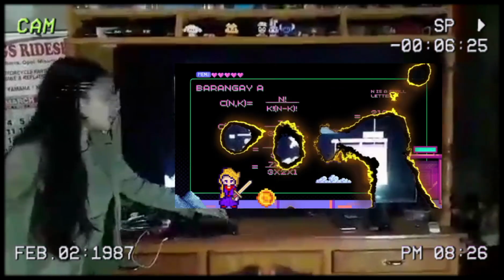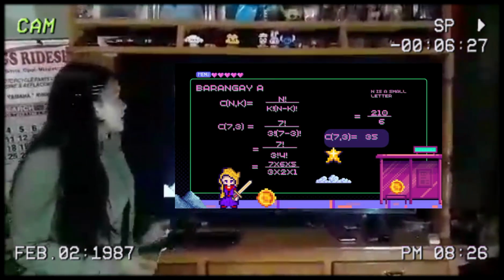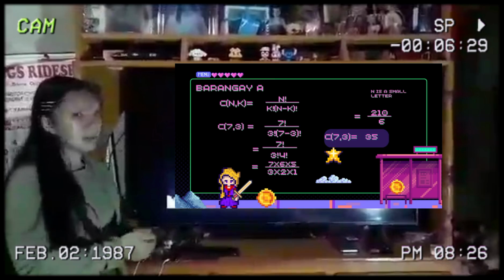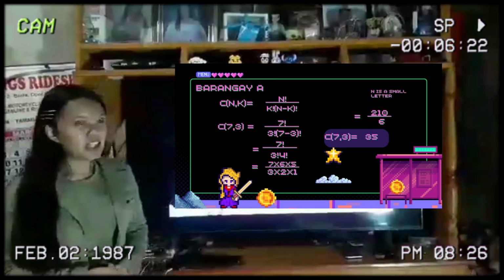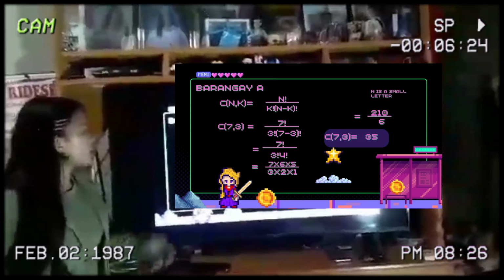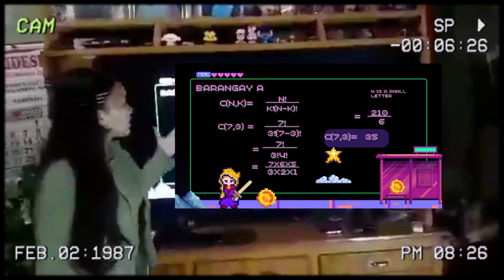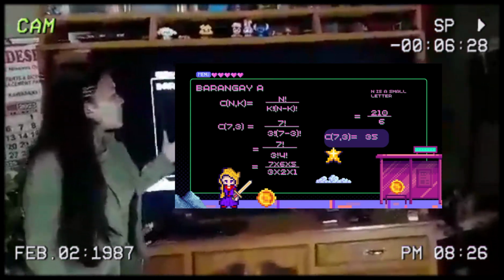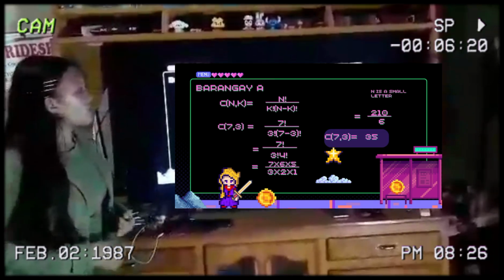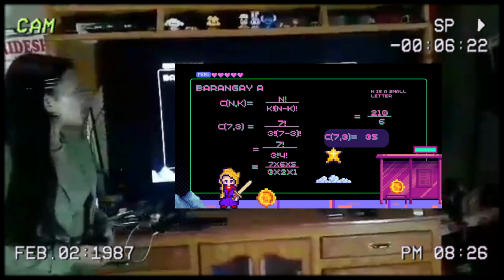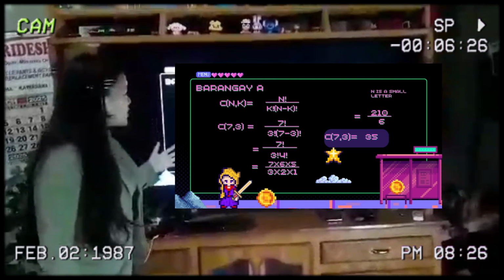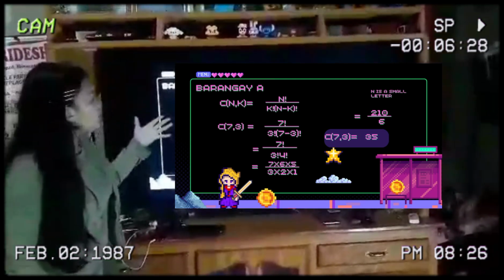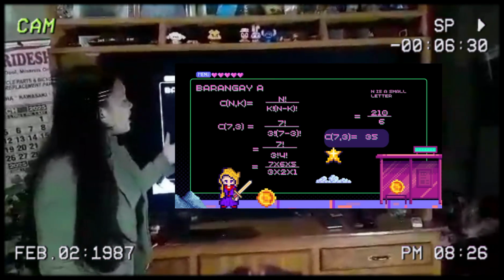So, let us solve first for barangay A. As I said previously, we will use the formula C of n and k is equal to n factorial over k factorial times n minus k factorial. So let us substitute the values: for barangay A, n is 7 and k is 3.